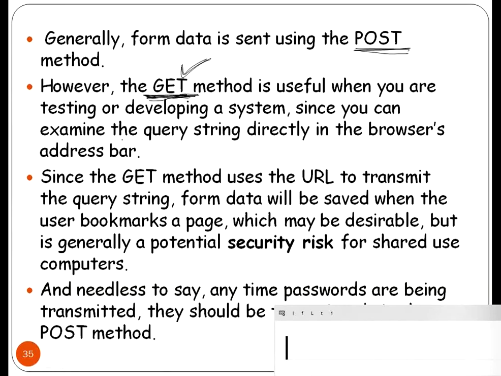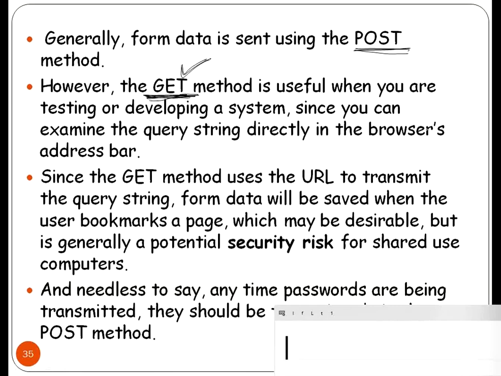We use the get method to examine the query string directly in the browser address bar. What information am I sending? That can be easily observed in the browser address bar, so testing can be done easily.